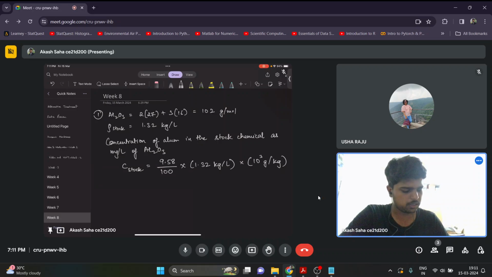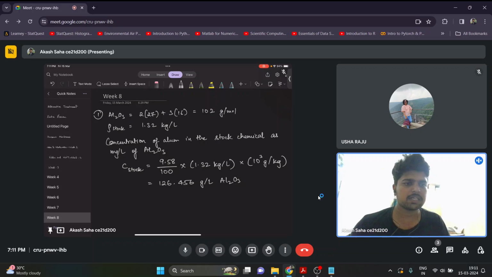If we do the calculation, we will get 126.456 gram per liter Al2O3. So this is the concentration of alum in the stock chemical. We just multiply the percentage into the density into the unit conversion, and we get the concentration of Al2O3.